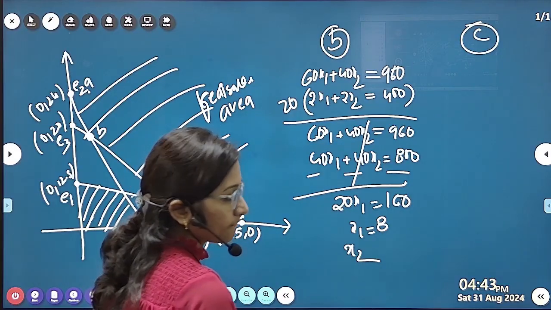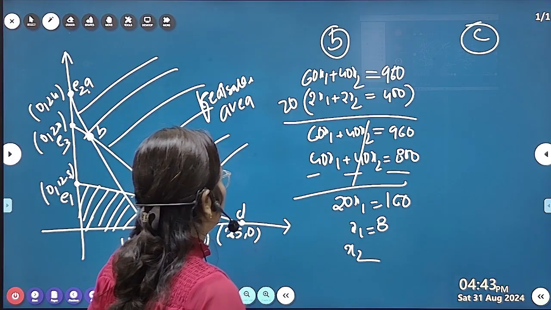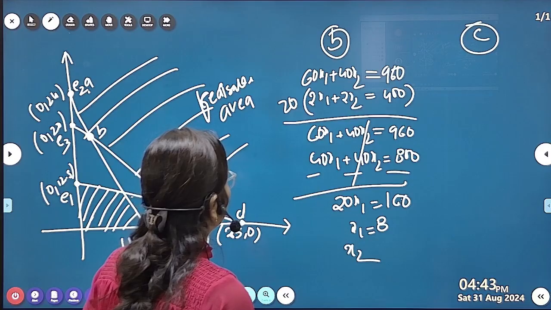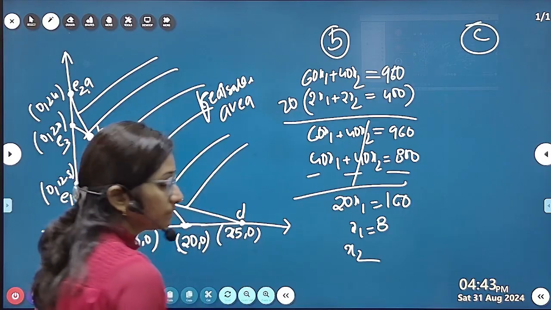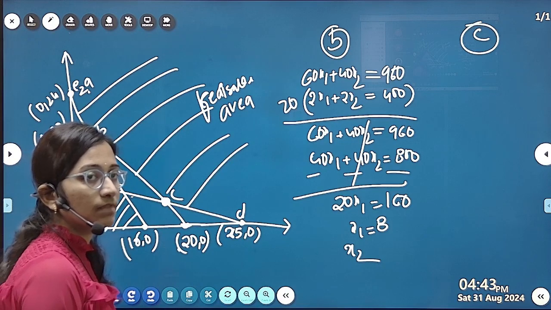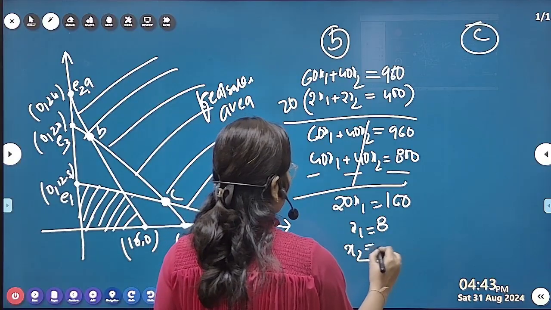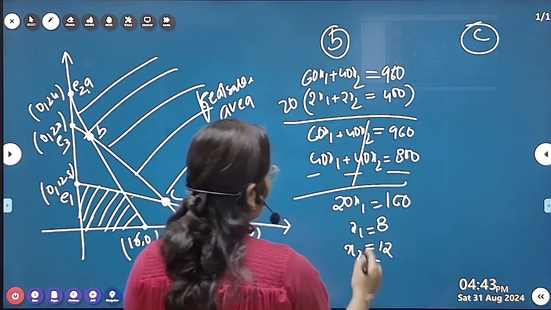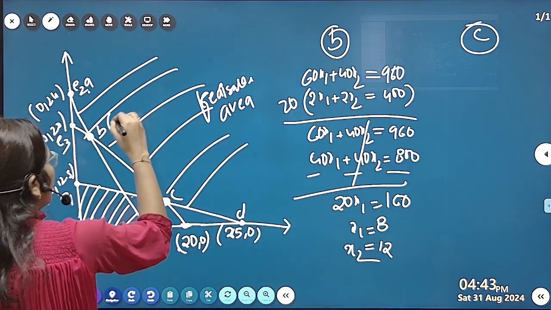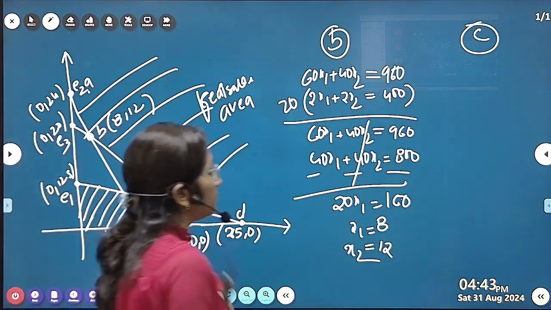Eight into 2 is 16. How much did you get? 12. Yes. Okay, so these are the x1, x2 values, which means the value of B is 8 comma 12. Next tell me the value of C.